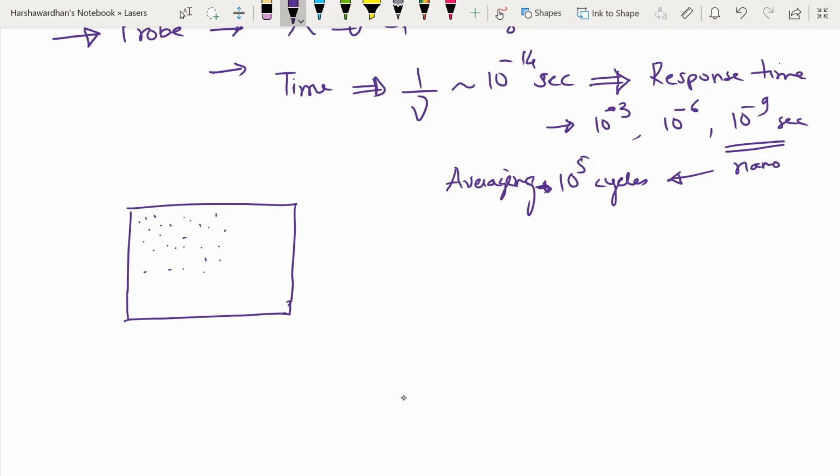So what one considers is a small volume. In this small volume, I measure across the whole volume and take an average. Imagine I have taken the field at 100 points within this. I'm looking at the total field divided by 100.